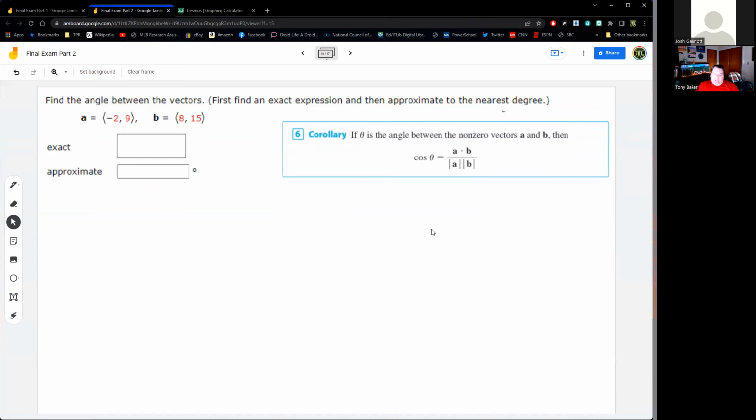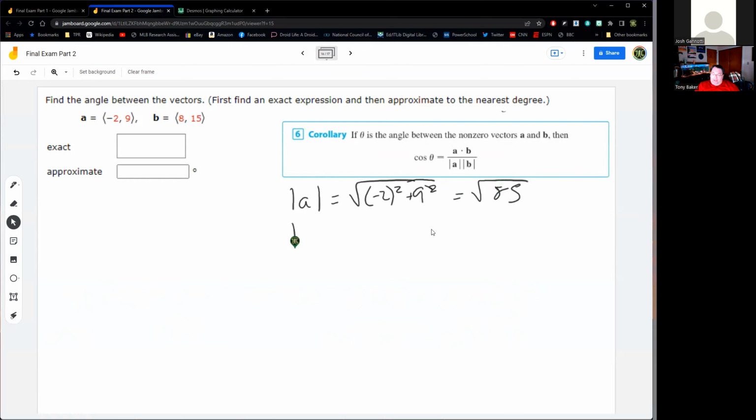So look for the length. The length of A is the square root of -2 squared plus 9 squared, which equals the square root of 85, which you can't do out.